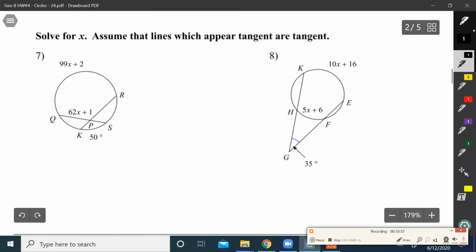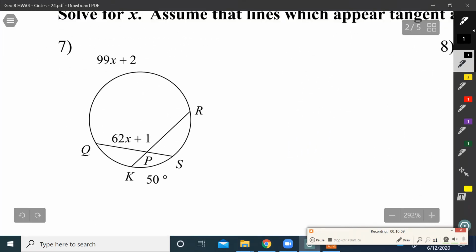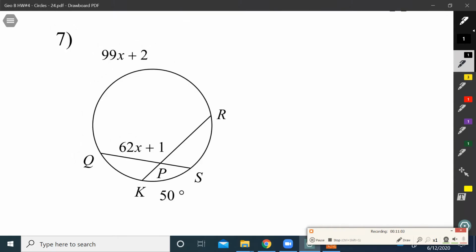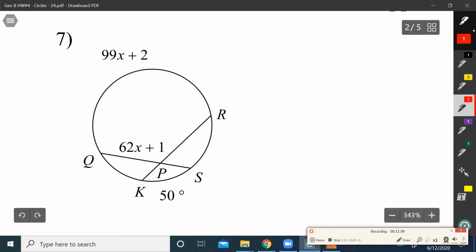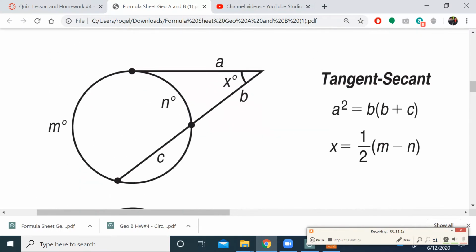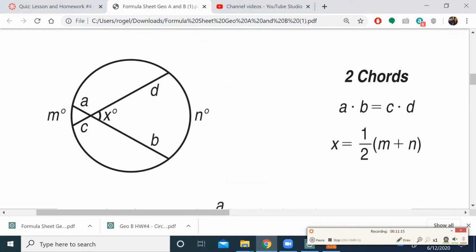All right, let's actually do the harder ones, because this actually gets a little bit more challenging. All right, number 7. So first of all, recognize what you have. So I'm going to go back to my formula sheet. I'm going to say, hey, you know what? Okay, that one seems to work for me.